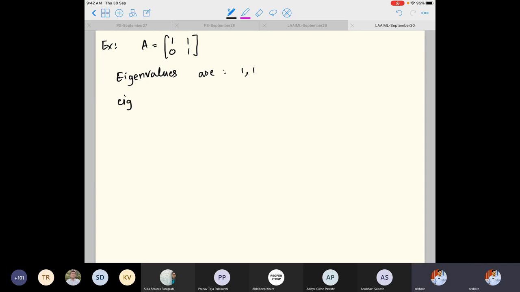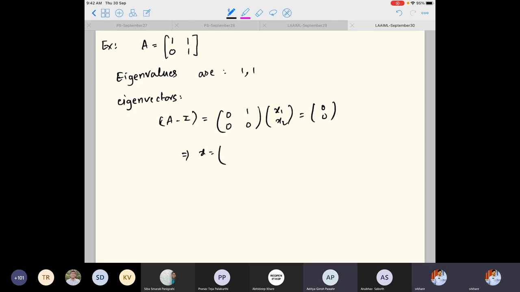What are the eigenvectors? So you look at the null space of A minus lambda I, right? So A minus I is basically [0, 1; 0, 0], and you want x1, x2 to be equal to 0, 0. So what does that mean? What do you get your eigenvector x as? (1, 0). And that's it. There is only one eigenvector corresponding to these eigenvalues 1, 1.